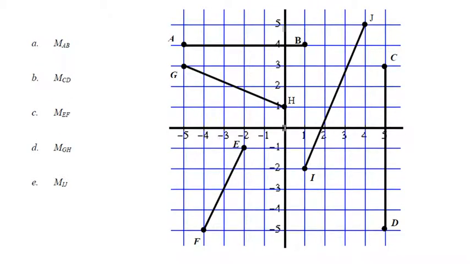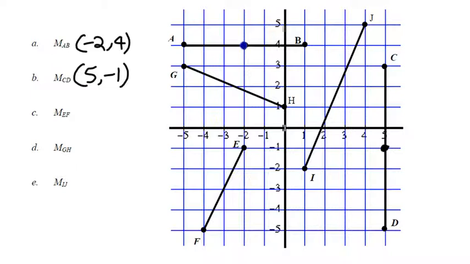1, 2, 3, 4, 5, 6. And where is that? Midpoint of CD. 1, 2, 3, 4, 5, 6, 7, 8. Midpoint of EF.